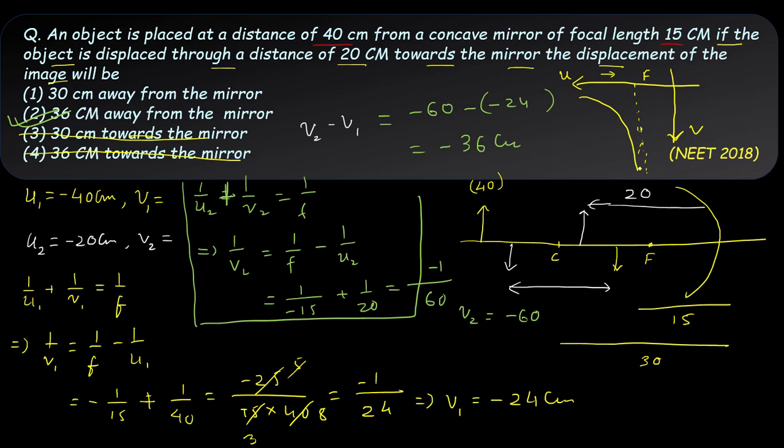At least compared to the object distance, the shift in the image distance will be more. In this problem also, the object is displaced by 20 centimeter, and as a result the image is shifted by 36 centimeter. So the shift in the image will be more up to the focal length. The variation is in the third quadrant.